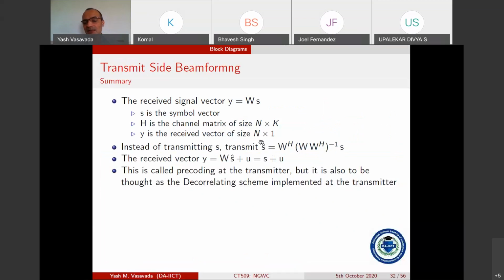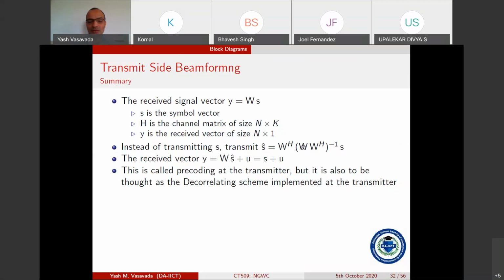And that S hat that we want to transmit is not our original symbol vector S, but it is the vector S multiplied by this entire matrix. Now we will recognize this matrix as nothing but our decorrelating detection matrix, except we are writing it in a right to left manner, instead of left to right.